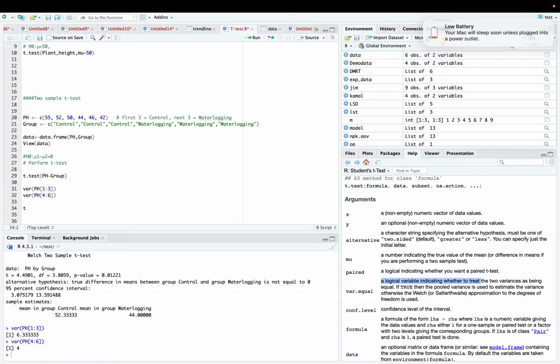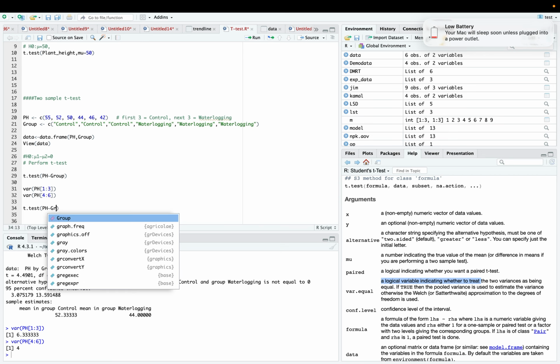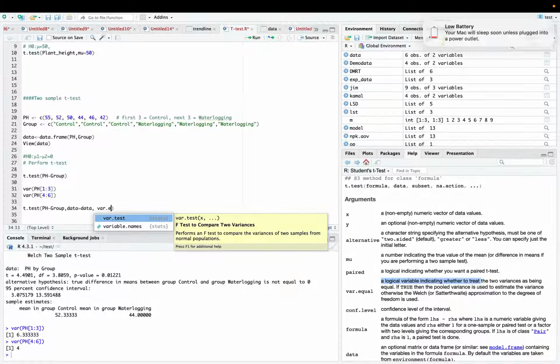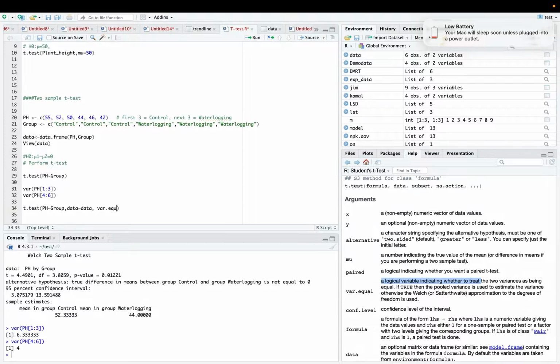You just need to do a little more. We write t.test, plant height tilde group, data equals data. Then you have to set var.equal to TRUE.